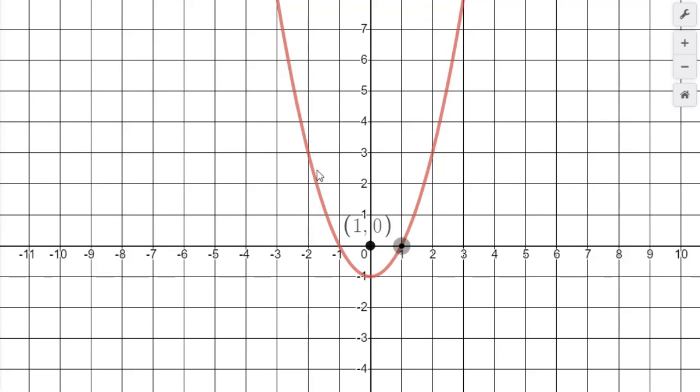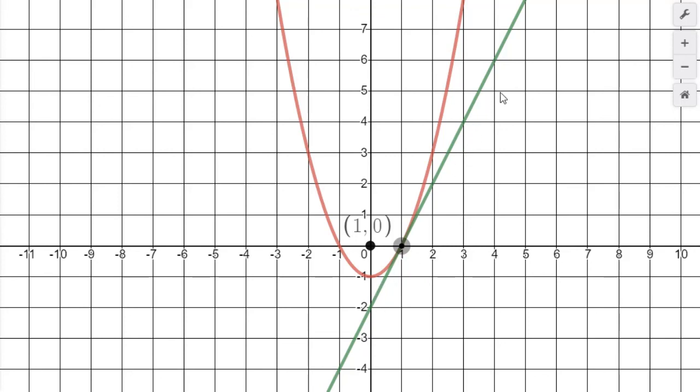Since we have the same function x squared minus 1 throughout all of part A and part B, the derivative was found to be 2x. Once we found the derivative, then when x equals 1, as in part A right here, let me put on the tangent line. The tangent line is in green.